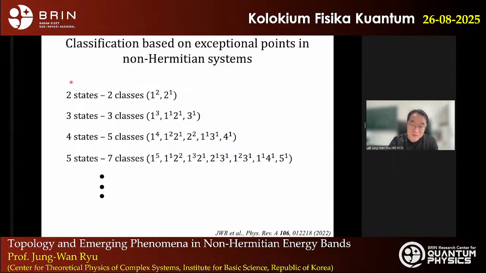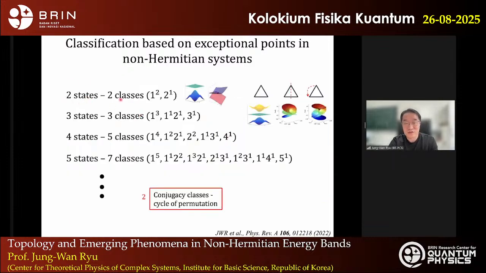If we have the two-state case, there are two different classes: two one-cycle bands, which is the same as a Hermitian gapped phase, and one two-cycle band, which is the same as the exceptional point structure. If we have three states or three bands, there are three different classes. One is three one-cycle bands, similar to Hermitian bands.